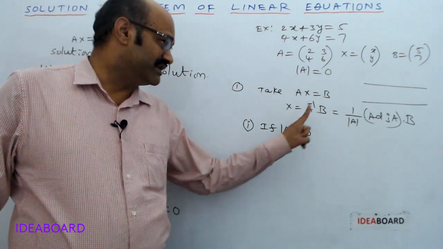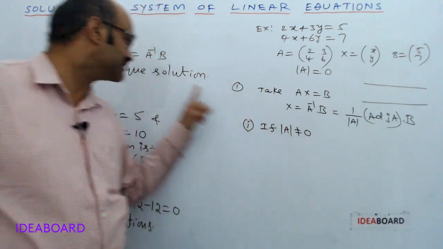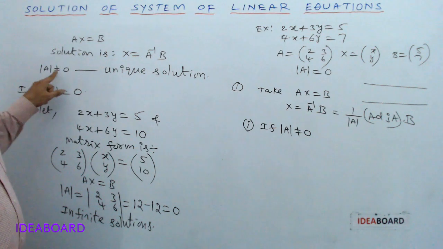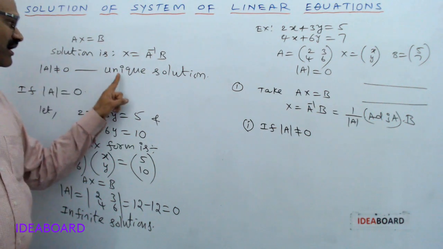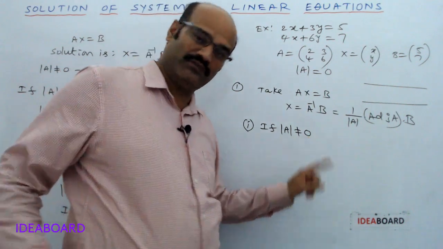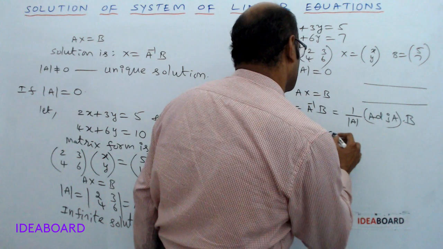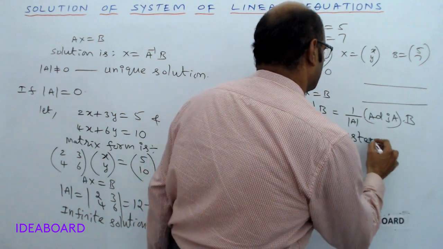We know that the given system has a unique solution whenever A is a non-singular matrix. Whenever A is a non-singular matrix, we have a unique solution. If det A not equal to 0, then we say that this system is said to be a consistent system.